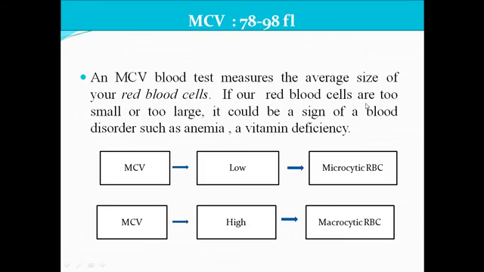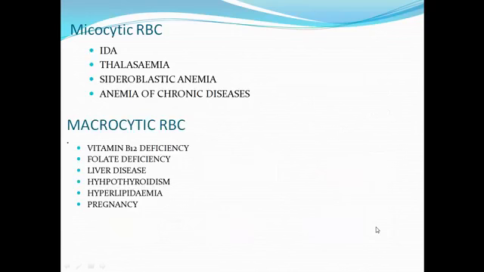If our red blood cells are too small or too large, MCV will guide us to the size of RBC. That is the morphology of RBC, and it could be a sign of a blood disorder such as anemia or a vitamin deficiency. So MCV low, microcytic RBC; MCV high, macrocytic RBC.